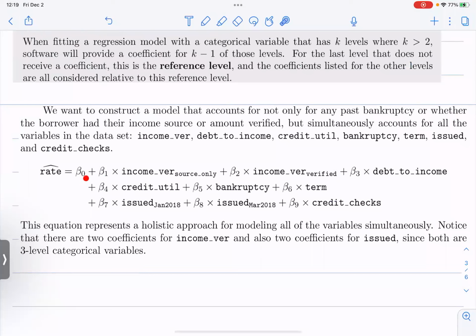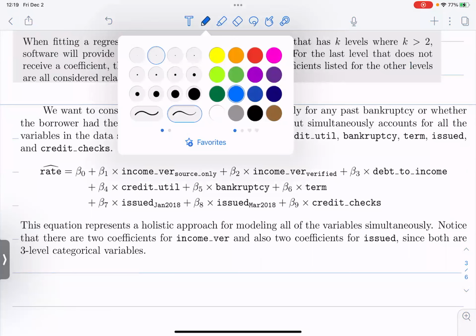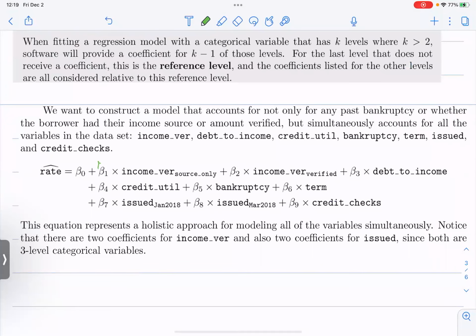We've got the intercept again, and then we've got this beta 1 and the income source only and the income verified. But this is really from one categorical variable, which is income ver. So again, this not verified category is lumped into the intercept. So it's going to be a jumping off point.